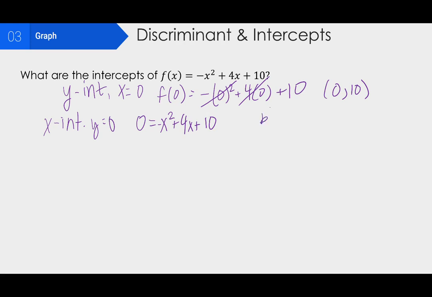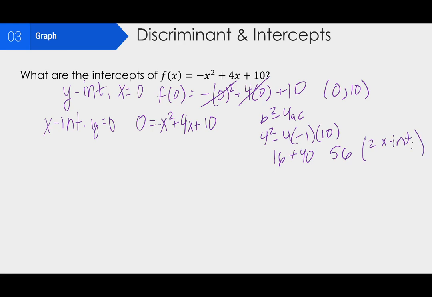So I'm just going to start with this part of the quadratic formula, which is the discriminant. B is 4, A is negative 1, and C is 10. So I'm going to have 16. Negative 4 times negative 1 is positive. 4 times 10 is 40. Okay, so it is positive. That means I'm going to have 2 x-intercepts.